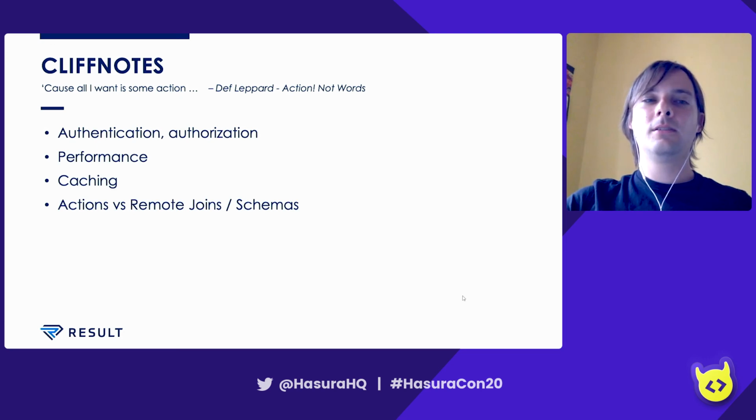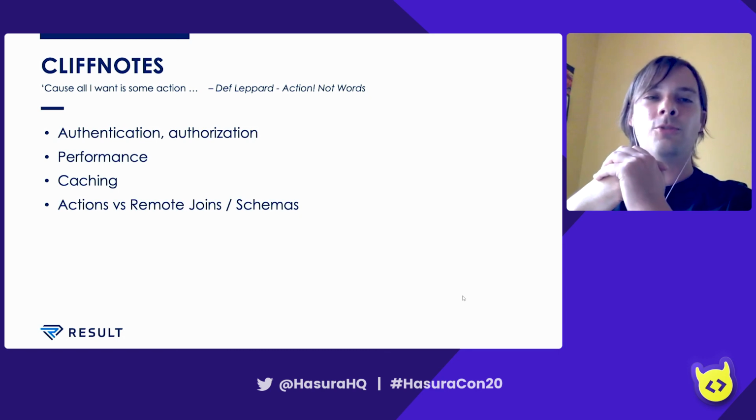And the fourth line here, actions versus remote joins. If you've been watching the online calls with Hasura, there's another thing called actions as well. We don't see remote joins as a replacement for doing custom logic with actions.